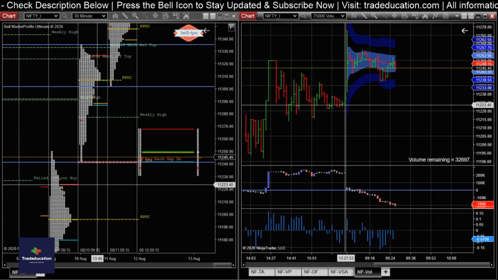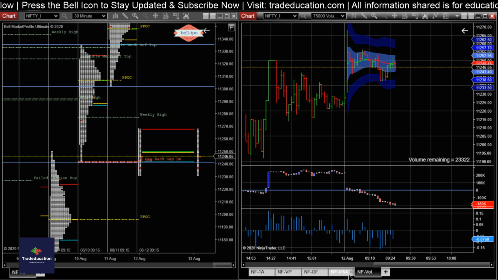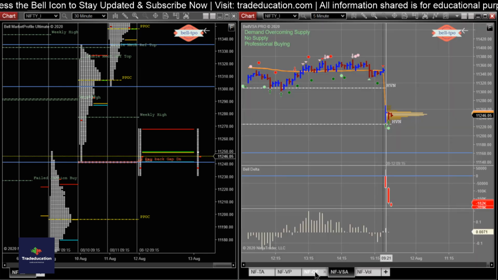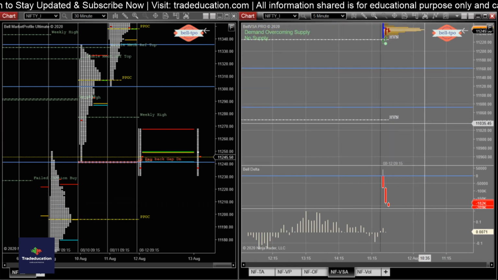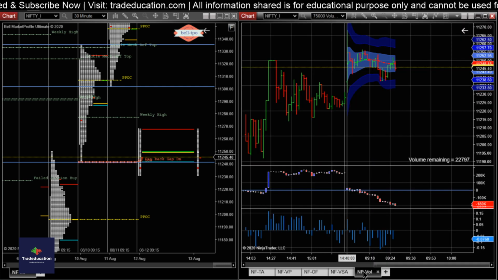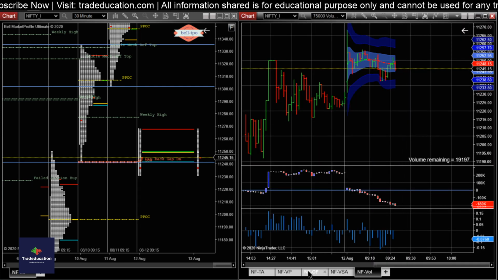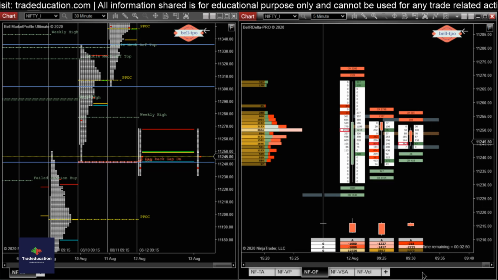That is 11,223. Are there any HVNs? Yeah, there is one more HVN here. So further continuation to the downside should be seen. Sellers would be coming in.